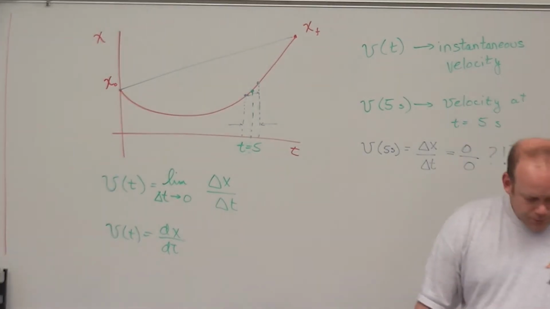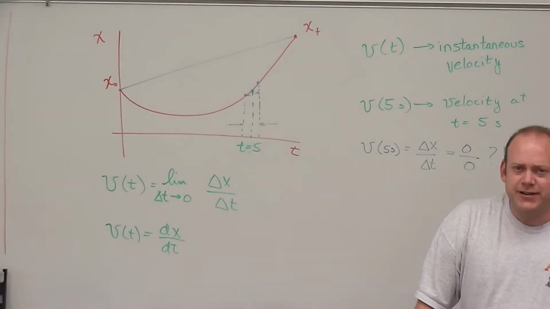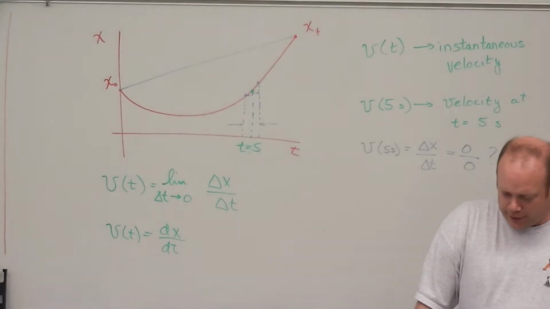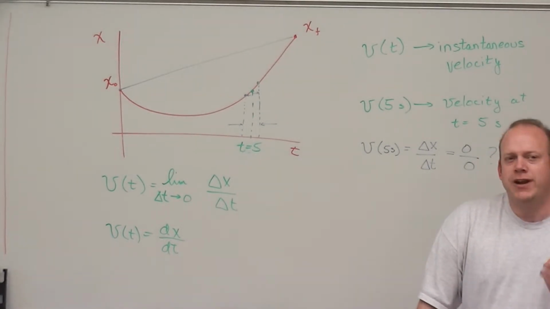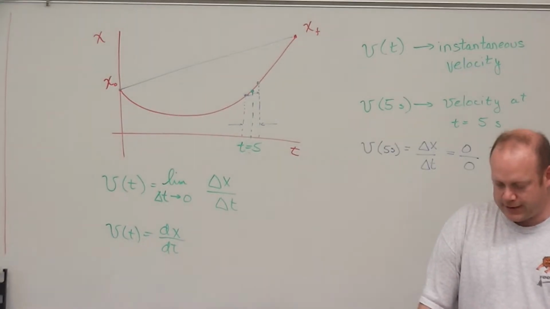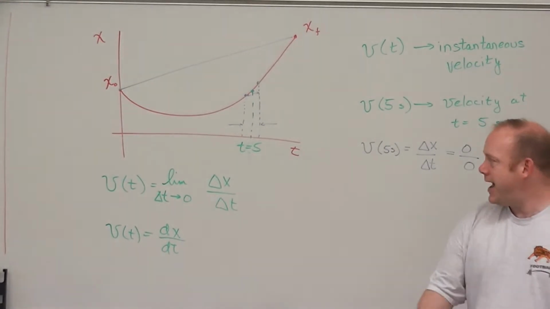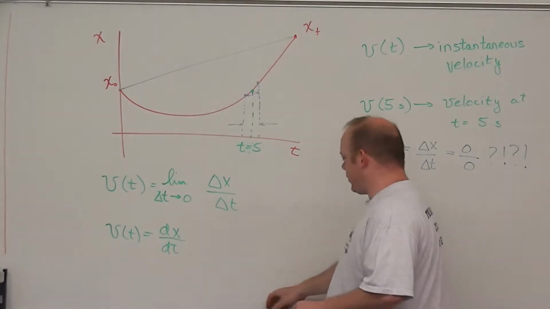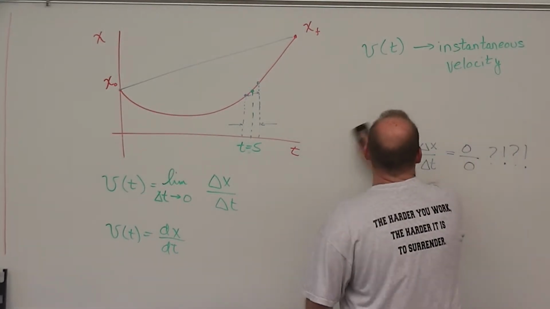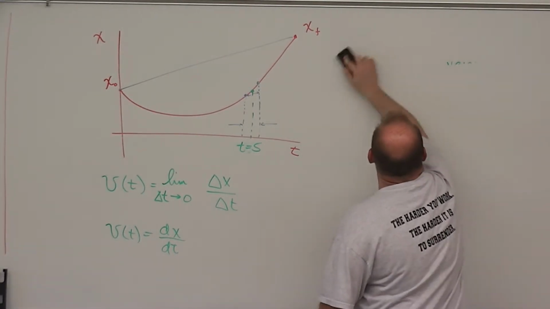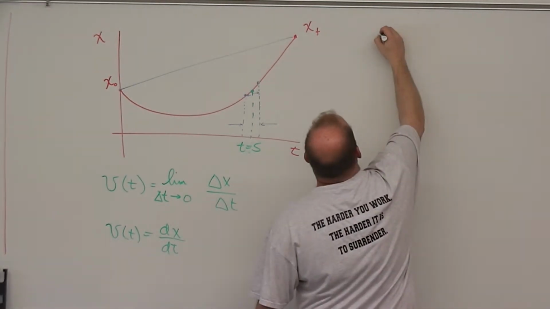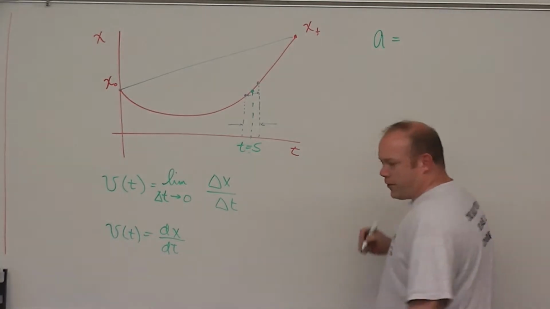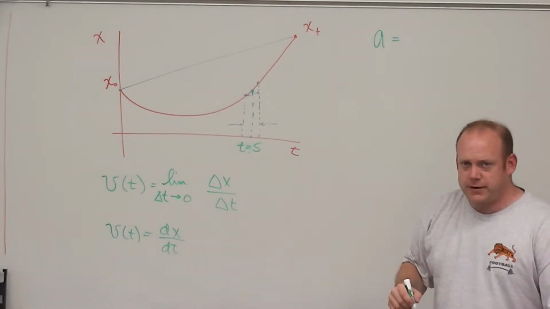So now, moving on, we have acceleration. Acceleration is to velocity what velocity is to position. We're looking at a change in velocity with respect to time. Now, how we described acceleration last year was very similar to how we described velocity, where velocity was a change in position with respect to time.